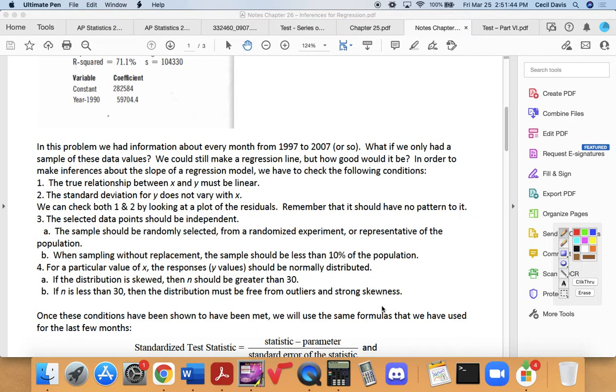And for a particular value of x, the responses, the y values, should be normally distributed. So if you had just one x value but multiple y values, which can happen, the dots are stacked. Here it doesn't work because we're looking at time.